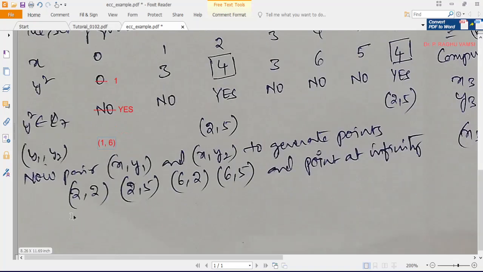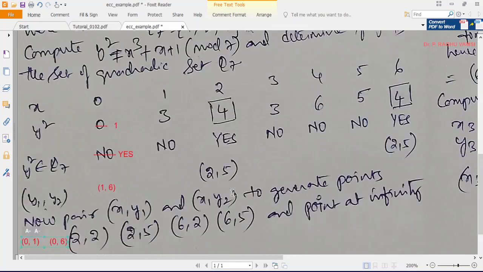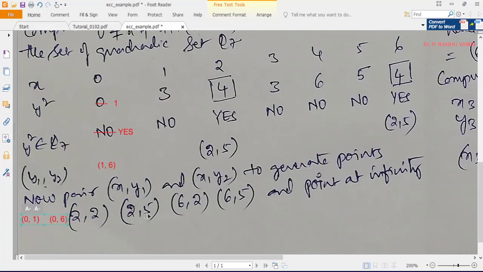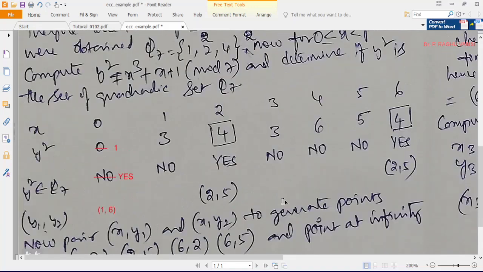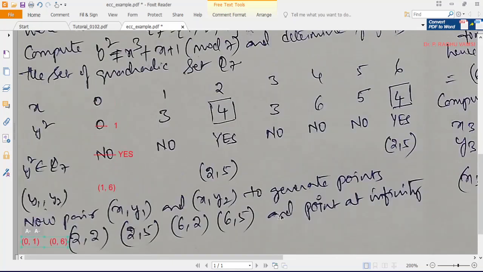So you can add 2 more points here, 0 comma 1 and 0 comma 6. 2 comma 2, because x is equal to 2 and y1 is 2, x is equal to 2 and y2 is 5. 2 comma 2, 2 comma 5, and here 6, x is equal to 6 and y1 is equal to 2, 6 comma 2 and 6 comma 5.